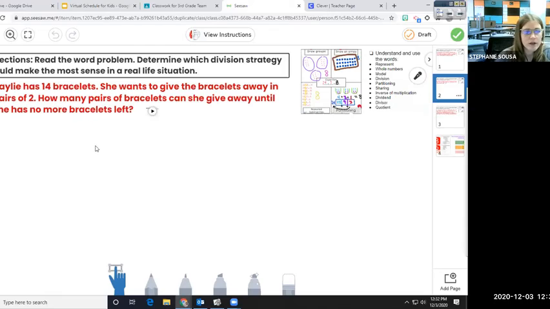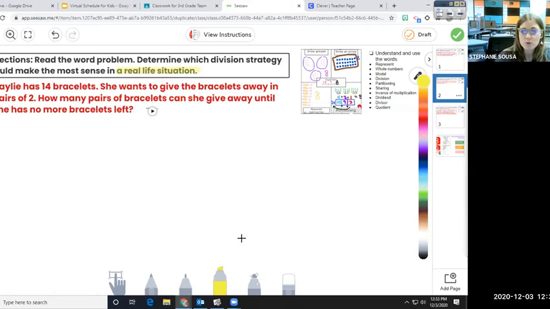All right, next up, you are getting ready to move on to slide 2. Slide 2 is what you are getting ready to solve. This will be the last one that we are going to solve together in your breakout rooms. So slide 2, you have a situation about Miss Kaylee, and Miss Kaylee would like to make bracelets. Remember, you are choosing the strategy that makes the most sense in a real life situation.